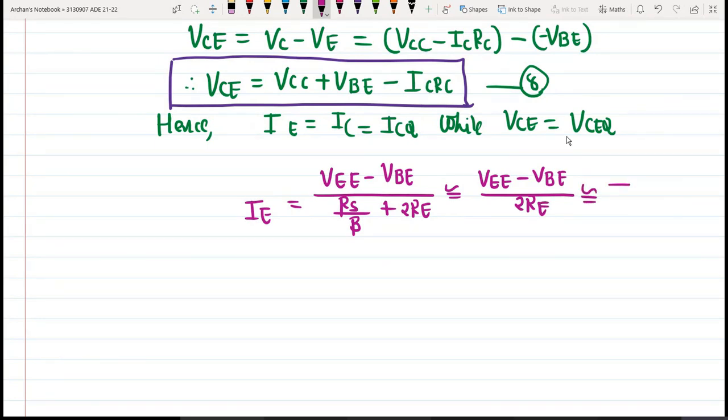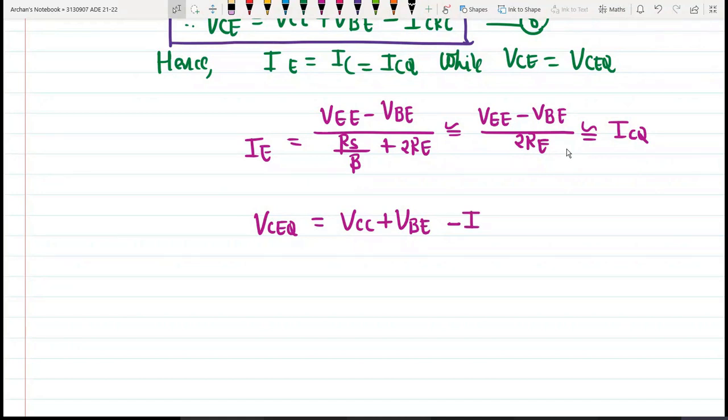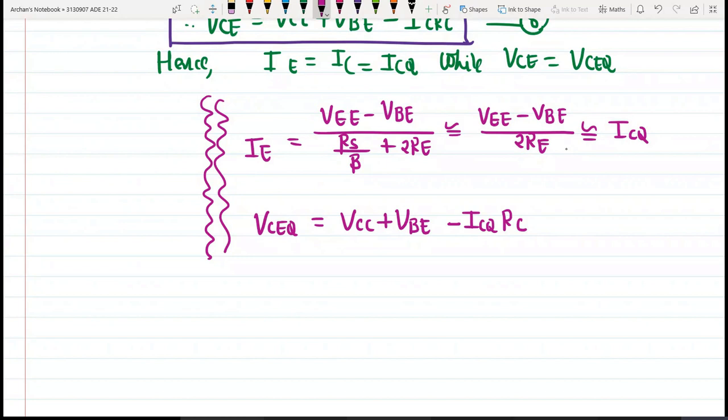Okay, so this is my ICQ value, and VCEQ is equal to VCC plus VBE minus ICQ RC. Okay. So these are the two equations which will give us the operating point. Okay.